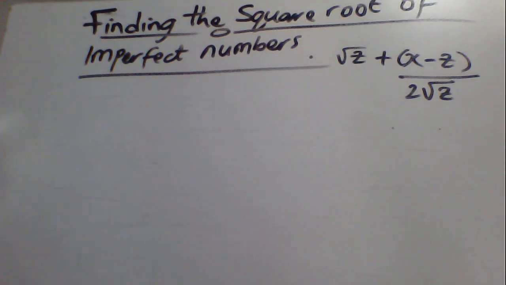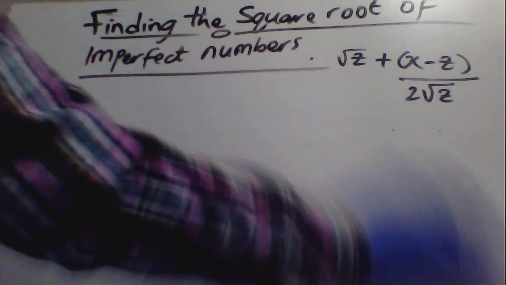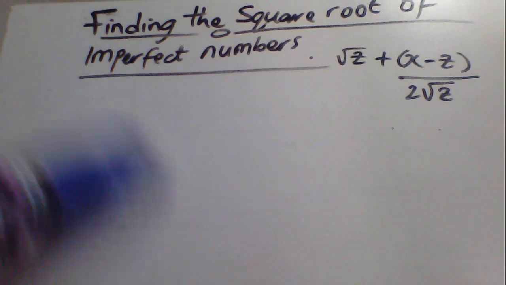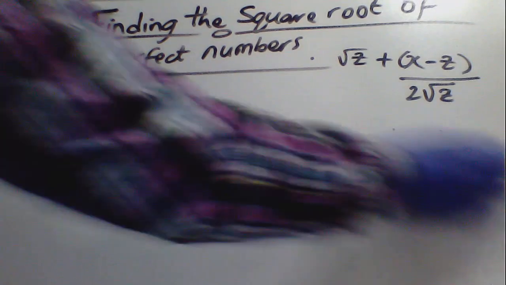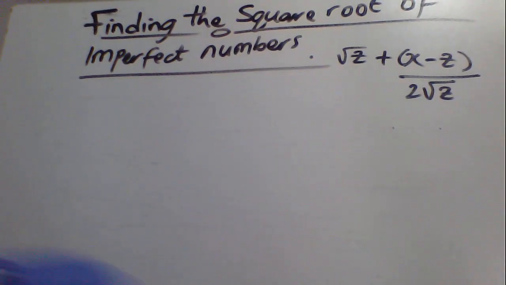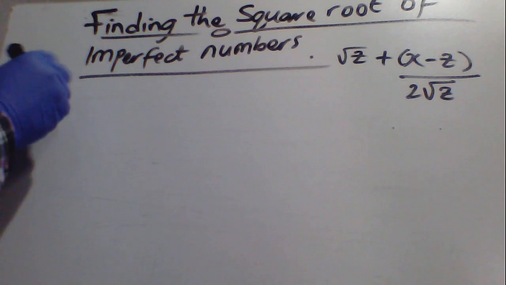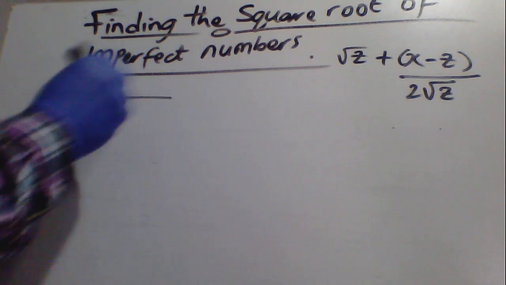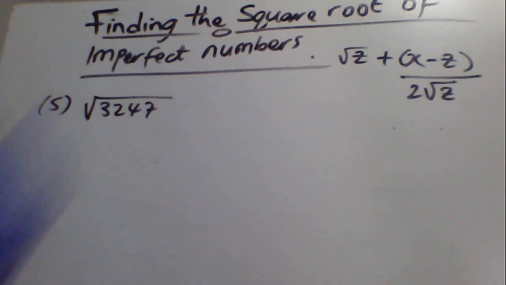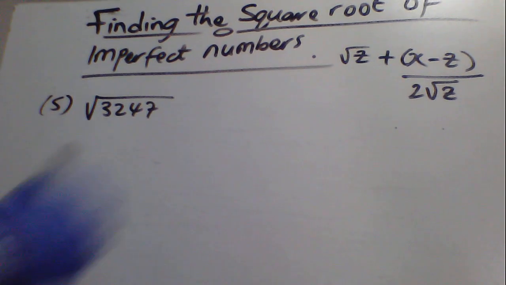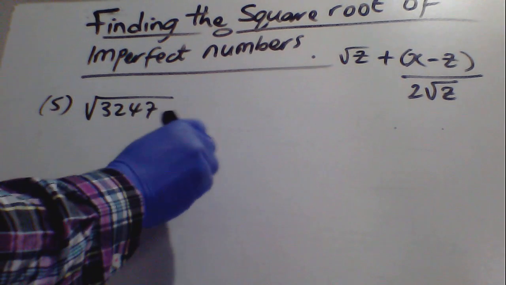In the 5th example, you are required to find the square root of 3247. How do we find the square root of 3247? Write the number 3247.